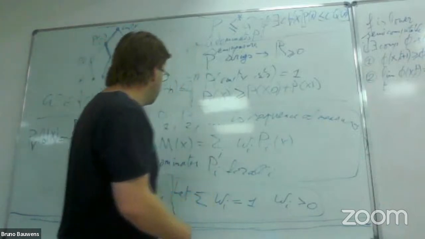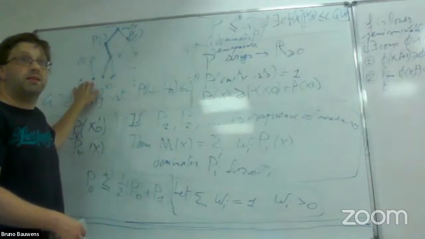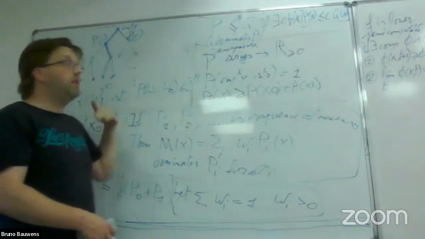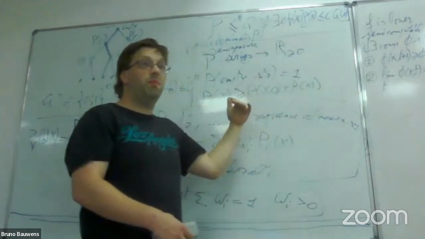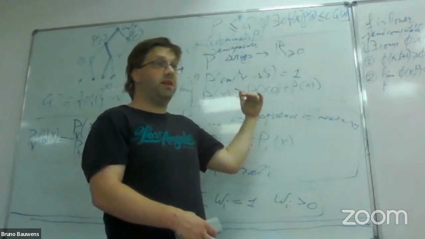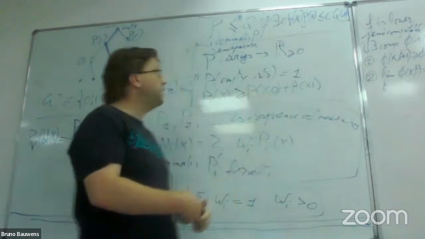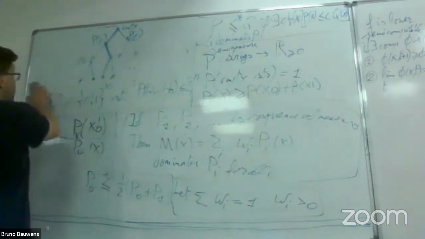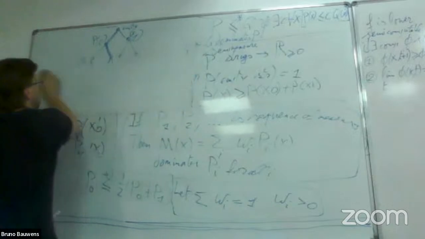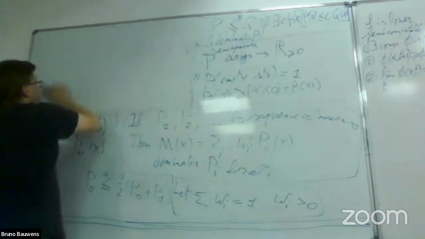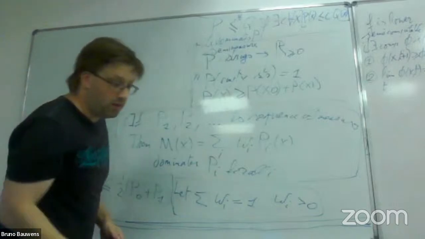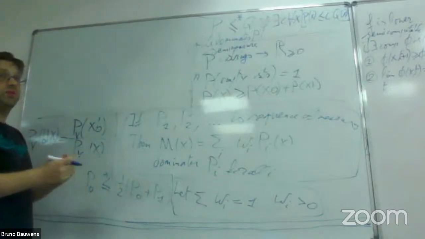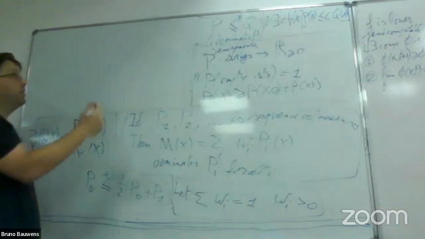So the claim is that Solomonoff's suggestion for prior distribution will dominate all lower semi-computable semi-measures and is a lower semi-computable semi-measure itself. So let me put it back, Solomonoff's machine. It will be such a machine if we choose a universal monotone machine.